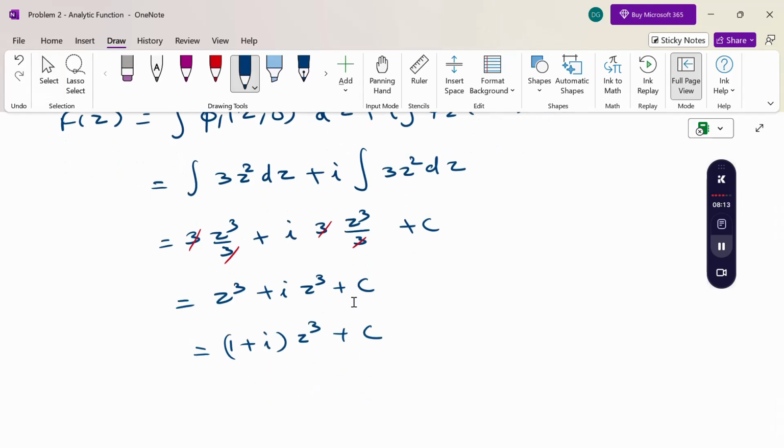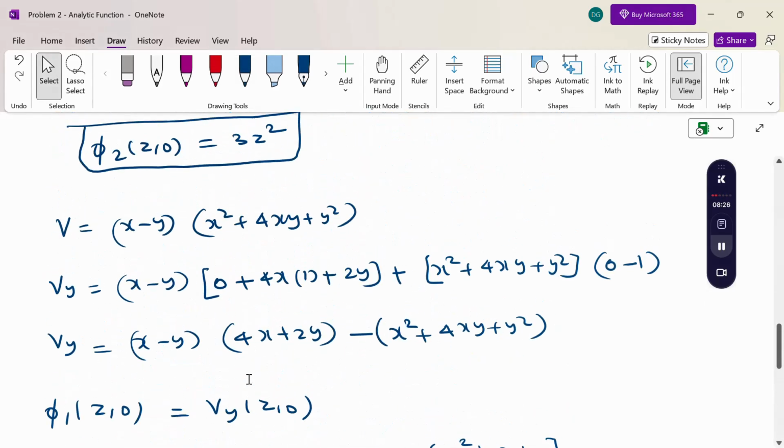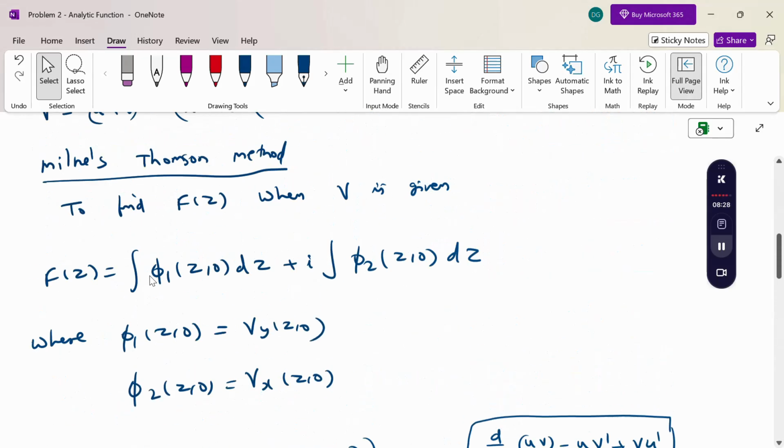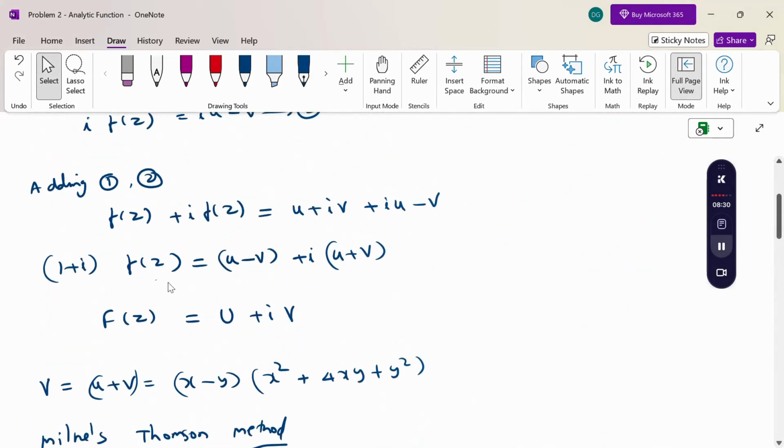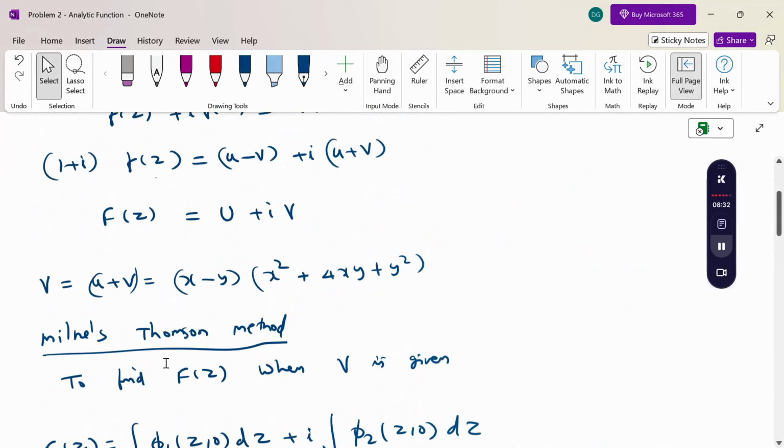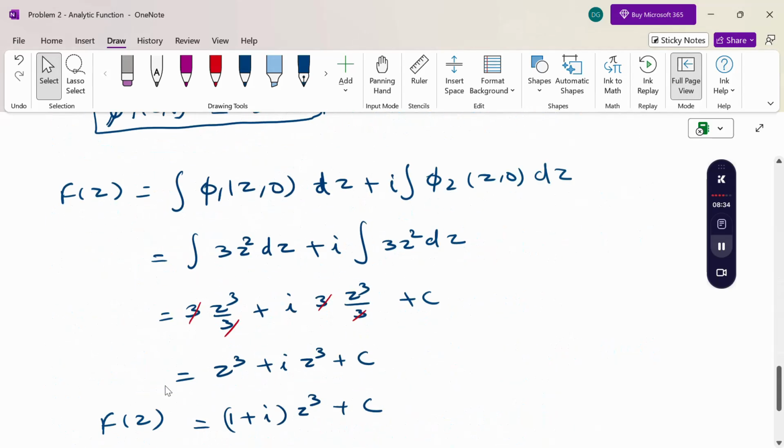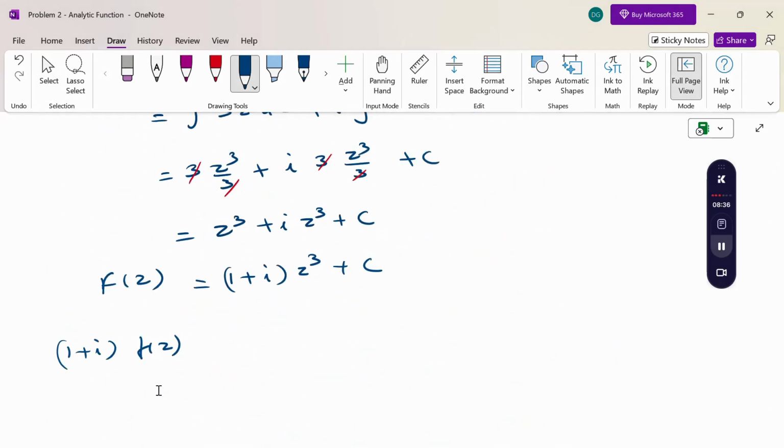Now this is capital F of z, but the question asks for small f of z. Let us assume capital F of z is (1 plus i) into small f of z. Therefore, rewriting, (1 plus i) into f of z equals (1 plus i) into z cube plus constant.